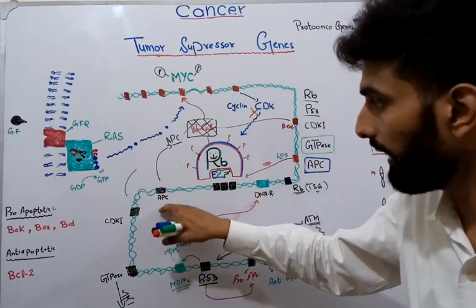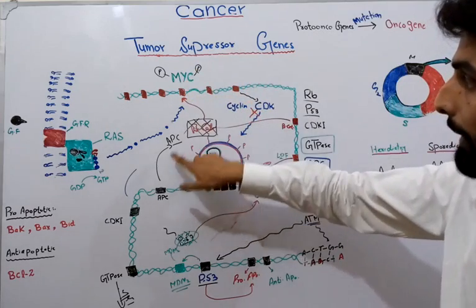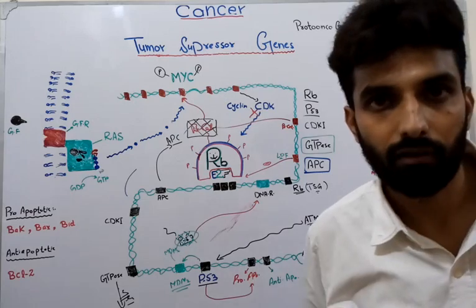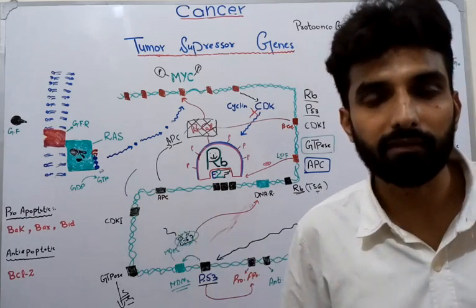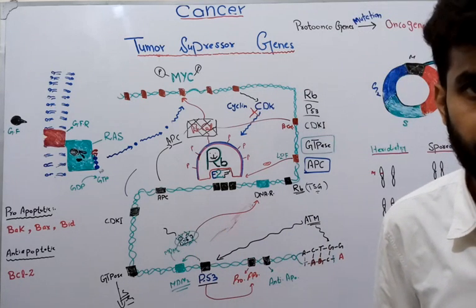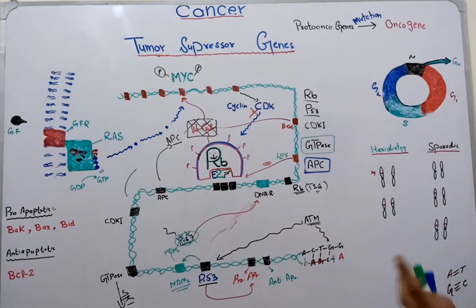And APC is a tumor suppressor gene because by blocking beta-catenin, it was basically inhibiting MYC expression and inhibiting cell proliferation. So the APC gene is a tumor suppressor gene. It is not a proto-oncogene. Okay. Now this is all about tumor suppressor genes and proto-oncogenes.